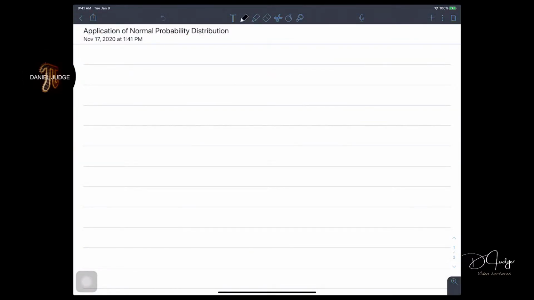So here's what I'm going to start off today with: an example of how to work with the normal probability distribution.